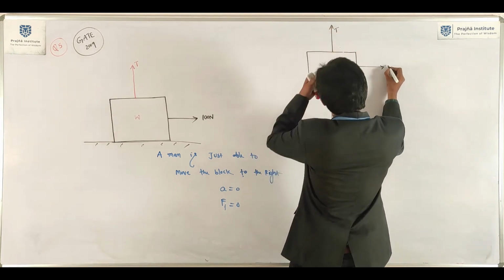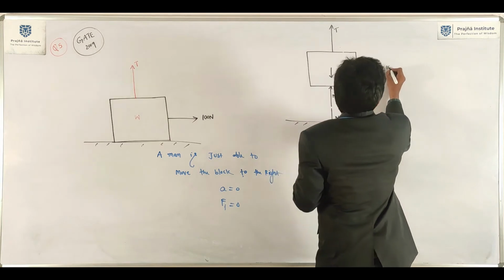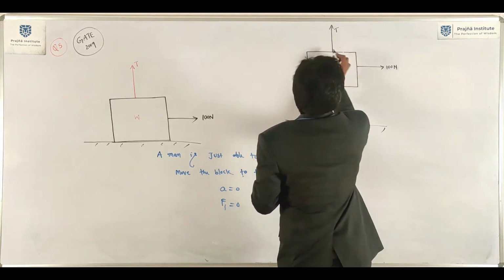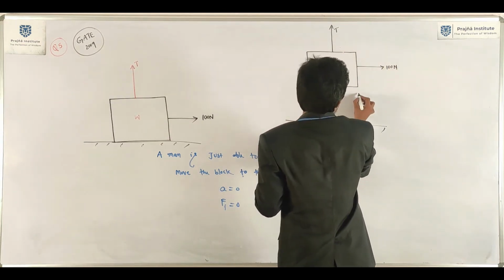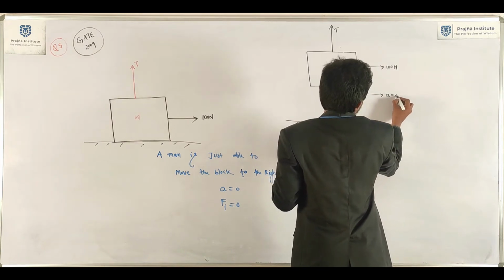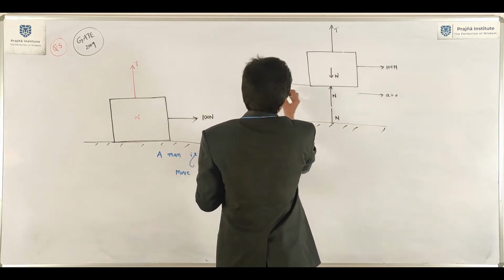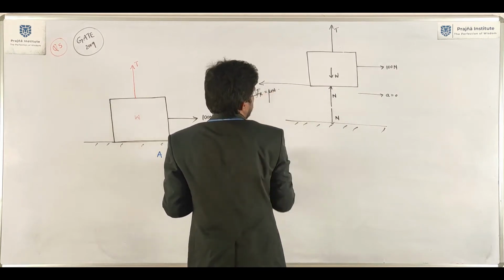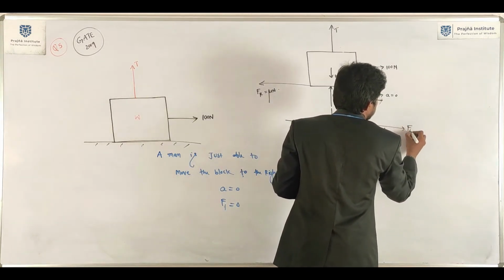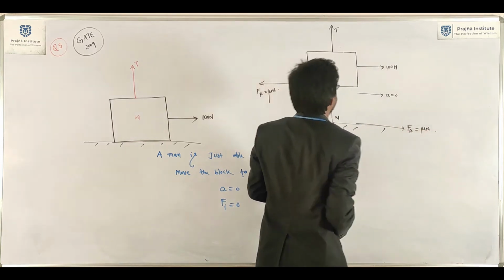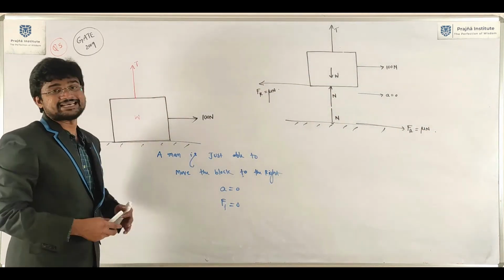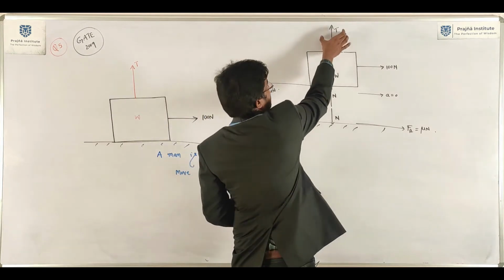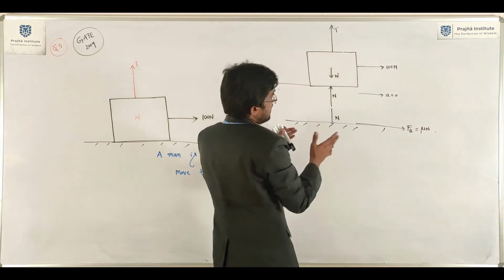This particular force will be 100 Newton. It is just able to move the block, so acceleration equals 0. Frictional resistance acts opposite to the direction of motion, Fr equals mu into N. So tension, weight, frictional resistance and normal reaction are all drawn.